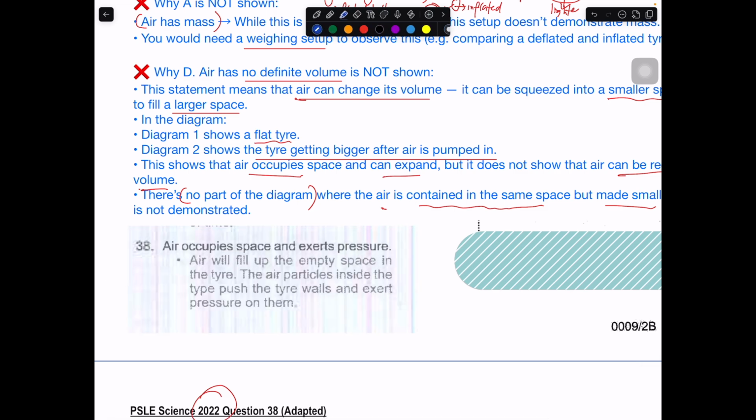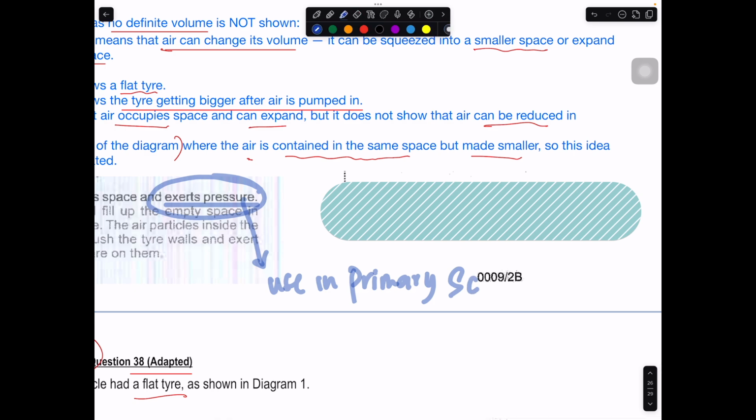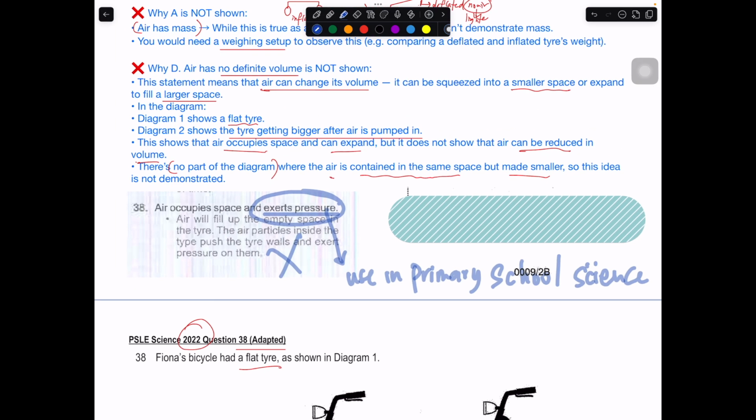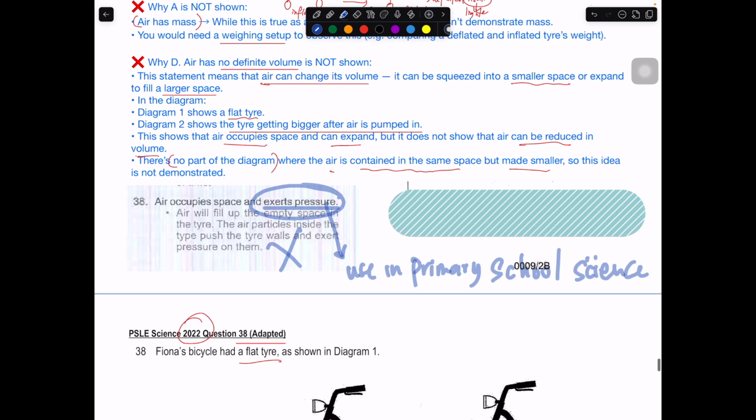Air occupies space and exerts pressure. The idea of pressure in this case is not a term we will use in primary school science. So this is actually not a good answer, even though it may be true.